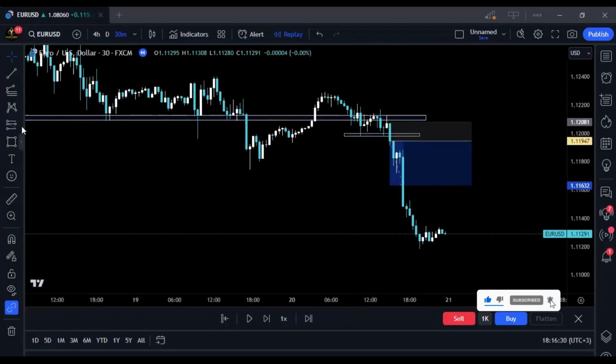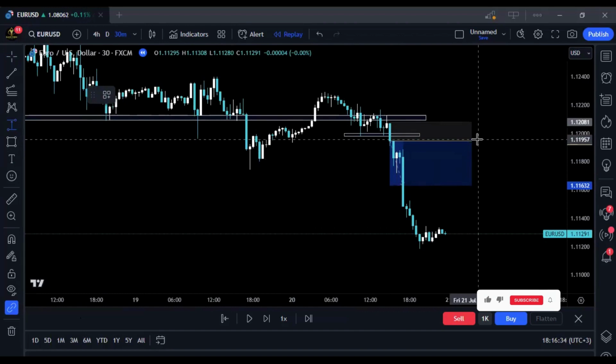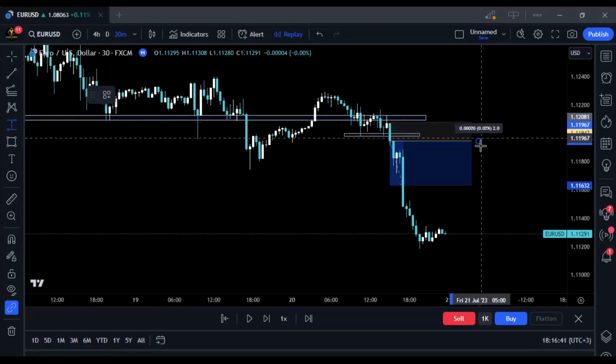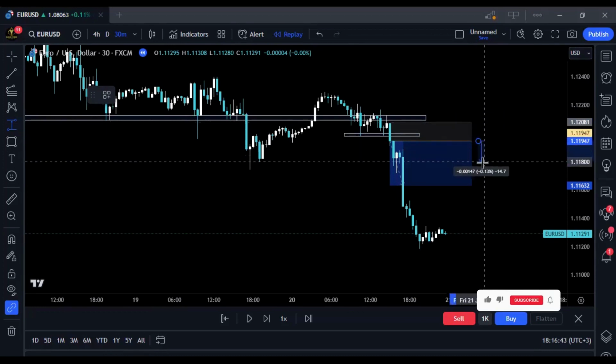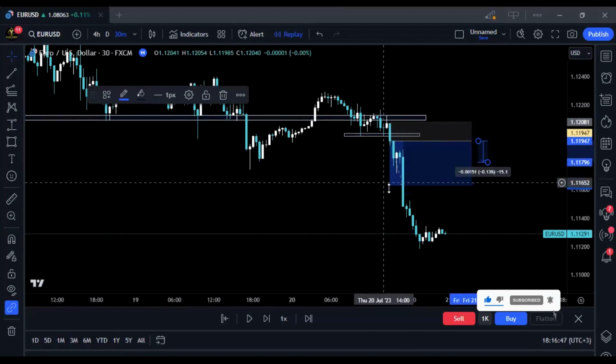How many pips would we have been risking? About 13. So that means once prices reach somewhere here, we should have been break even, weren't stopped out.